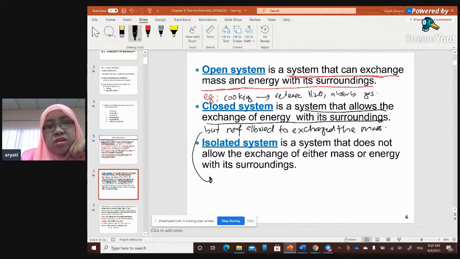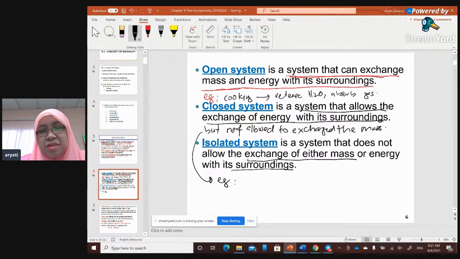Okay, ini contohnya, example, kalau kita pergi pasar, ada simpan ikan dalam polystyrene, dan dia letakkan ais. So ikan dan ais tu ialah satu sistem, di mana dia tak benarkan air tu tersejat keluar, tapi haba dalam tu dia boleh transfer. Okay, so isolated system is a system that does not allow the exchange of either mass or energy with the surrounding. Sistem yang tak membenarkan pertukaran jisim ataupun tenaga dengan persekitaran.